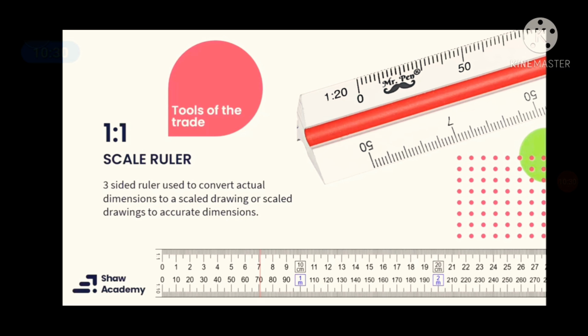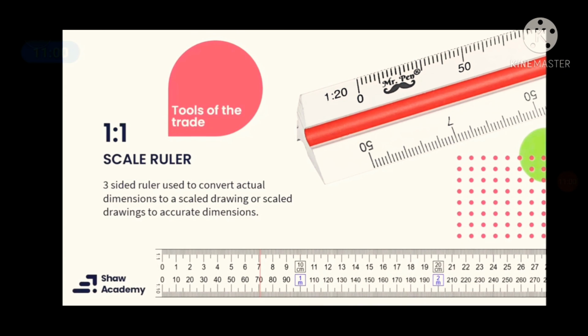On each side of the ruler, on the far left, before the 0 mark, you have your ratio. So as you can see on the screen, we've got a 1 to 20. So we're looking at a 1 in ratio to 20. If you're reading a drawing, the appropriate scale will be written on your plans. So if you're drafting a plan, choose an appropriate scale.